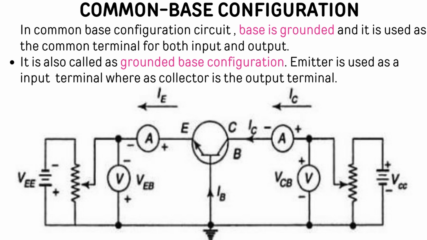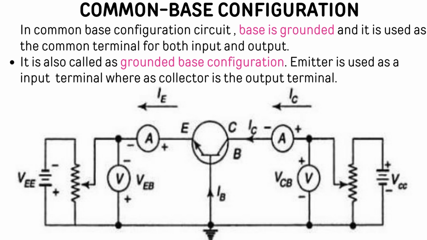Now when the emitter is connected to the negative terminal and the base is connected to the positive terminal, then the input is in forward bias, whereas on the output side, the base is p-type material and the collector is an n-type material.